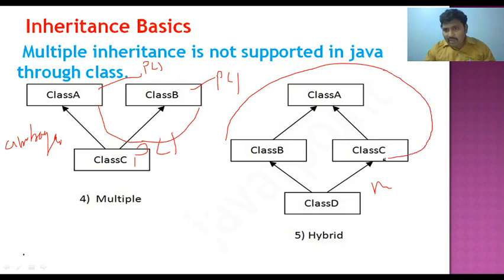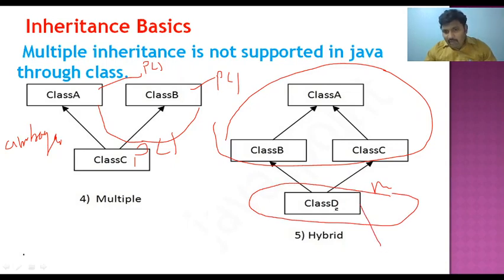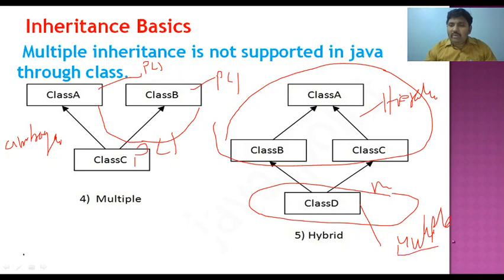This is hierarchical inheritance: one parent has two children, and this is possible. Here one child has two parents, this is multiple. So hybrid inheritance is a combination of both hierarchical inheritance and multiple inheritance. If you combine both, it is called hybrid inheritance.